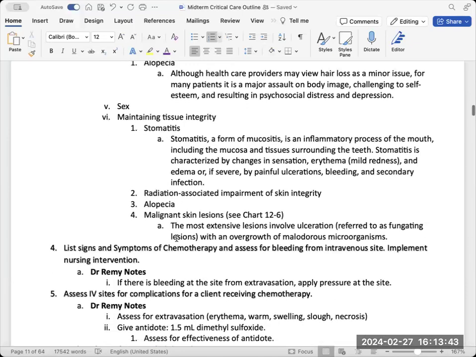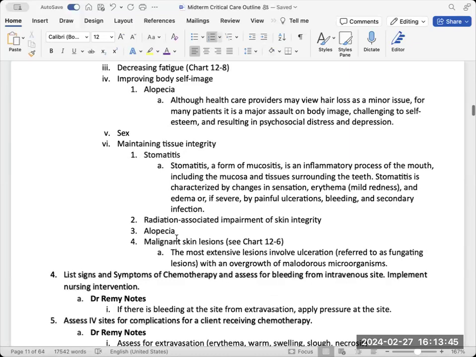Because having stomatitis and loss of hair could affect your physical appearance and make you feel a certain way. So we want to help them improve body image as well as maintain tissue integrity, because with stomatitis there are little redness, little inflammatory spots in the mouth, causing redness, little ulcerations, and bleeding.